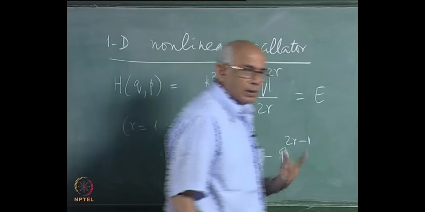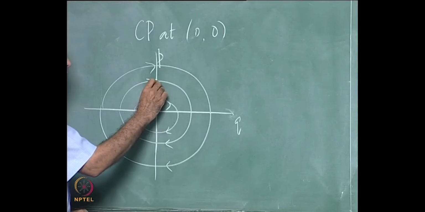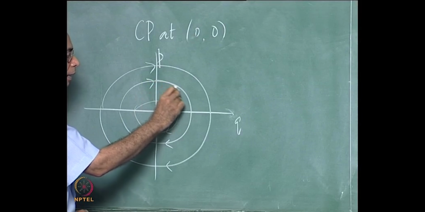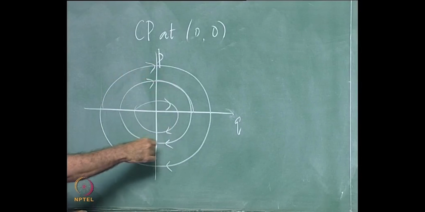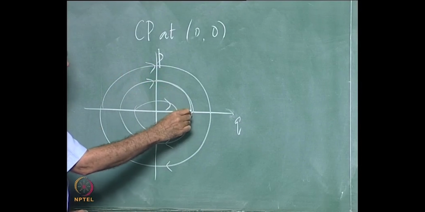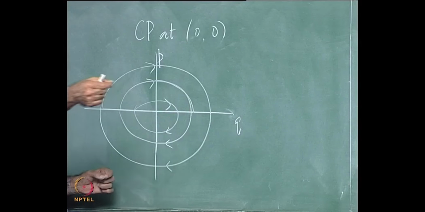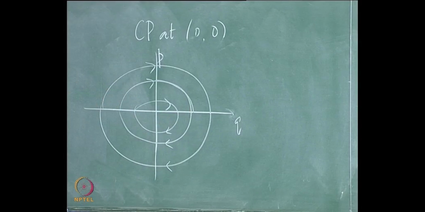Well, you agree that the time period of motion by symmetry is 4 times the time it takes to go from here to here, or the oscillator to start at the origin and go to the end of its amplitude.